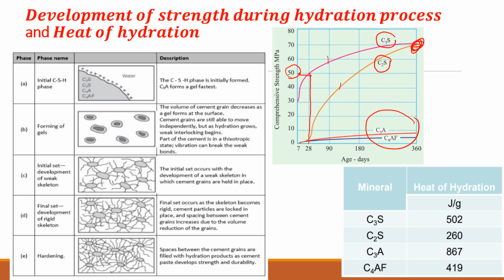So having these two is one thing. And also we can add admixtures to speed up the reaction or delay the reactions. Have you heard of these admixtures? You can have a cement with more C3S to get the early strength, and also you can add admixtures.